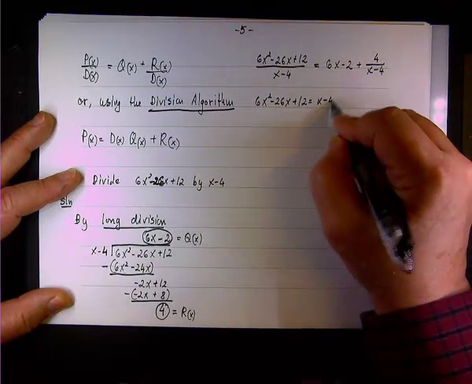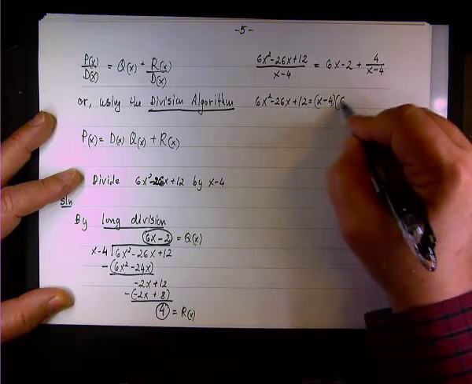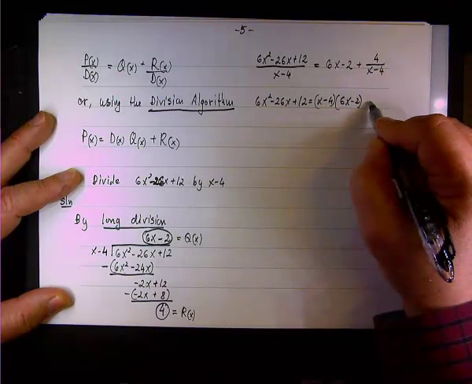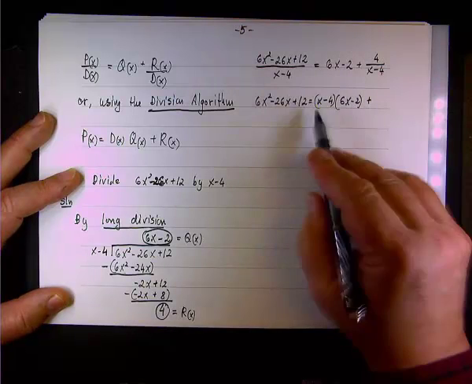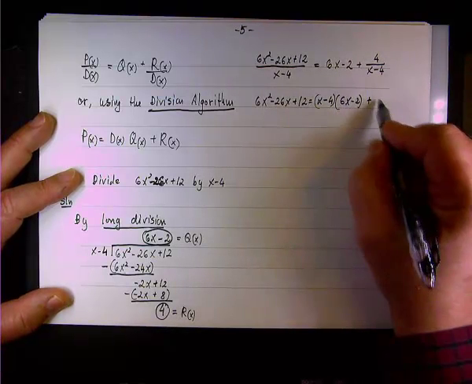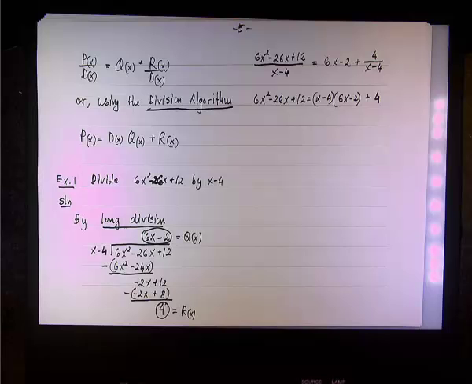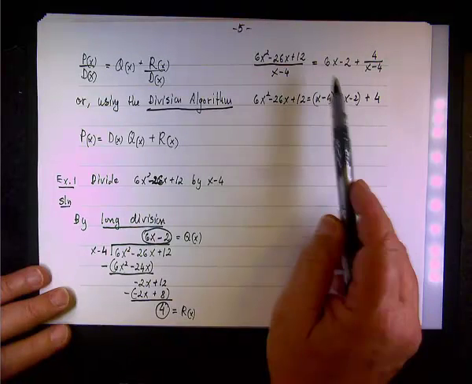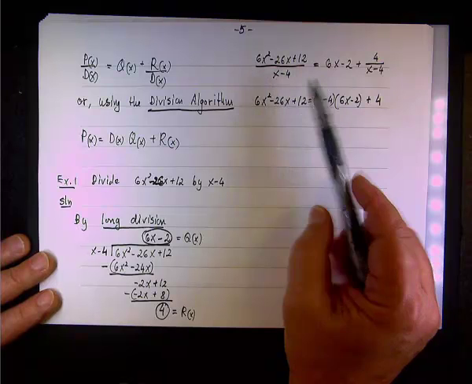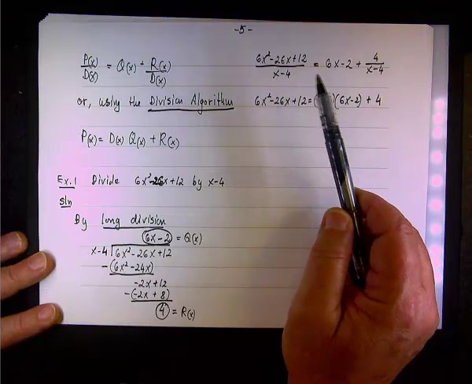And using the division algorithm, I can say that 6x squared minus 26x plus 12 can be written as the divisor, x minus 4, times the quotient, 6x minus 2. However, it's not a true factoring. It's a product of two factors, but we do have this remainder of 4.